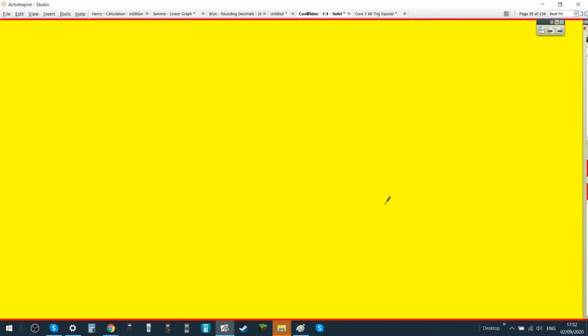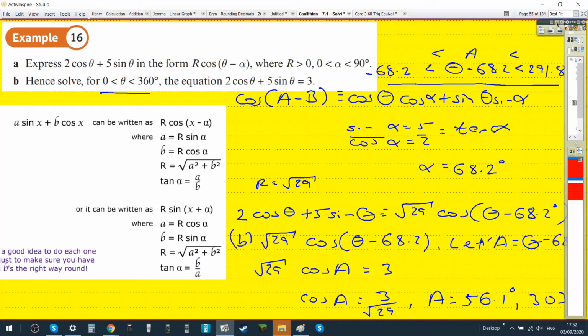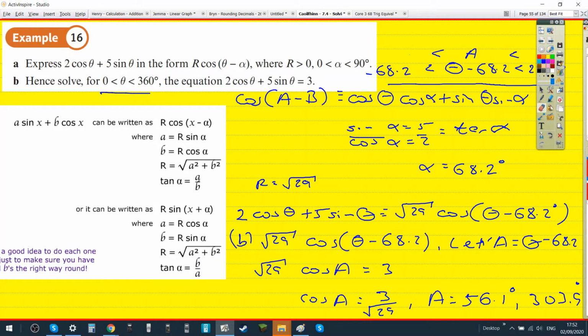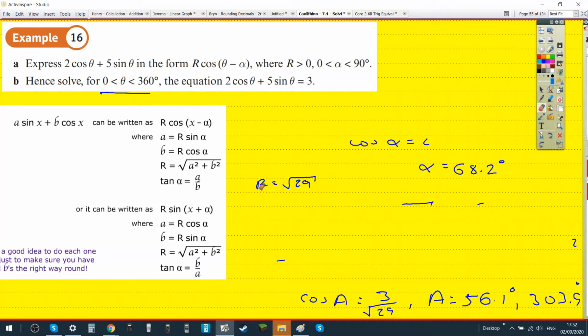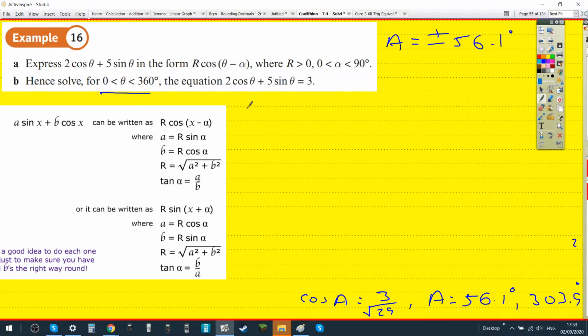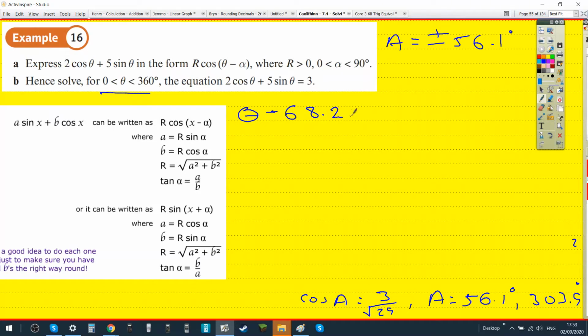To change it back out of A, back to theta. So A is equal to theta minus 68.2.